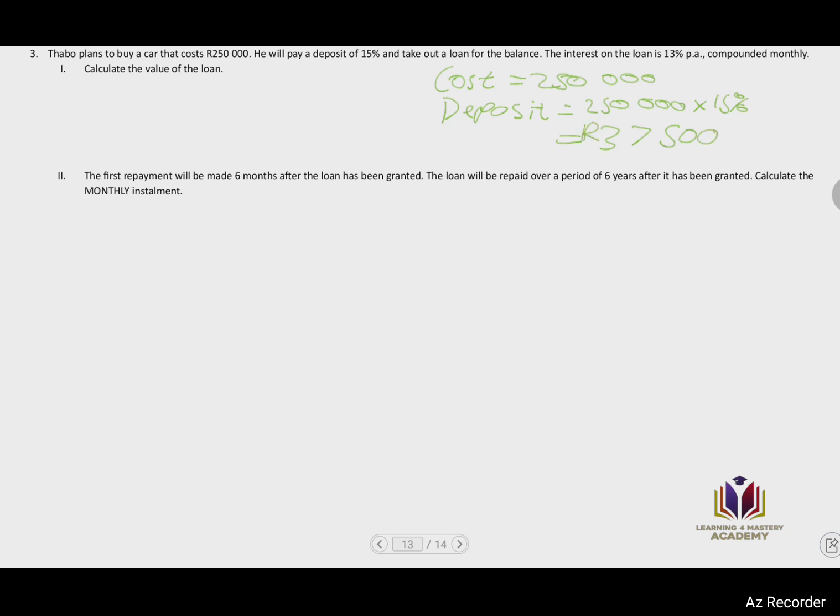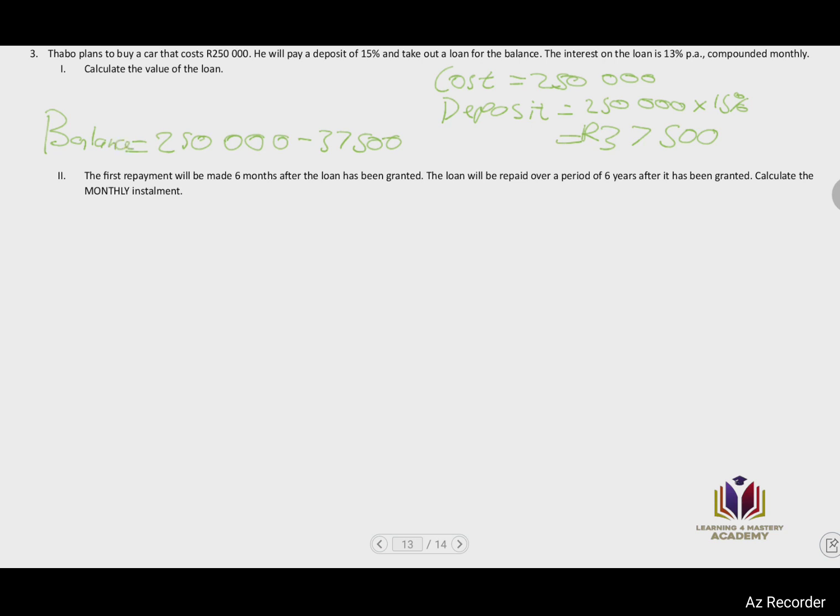Okay, and then take out a loan for the balance. So whatever is left, Thabo will then take out a loan for it. So it's basically going to be 250 minus the 37,500. This is the balance.